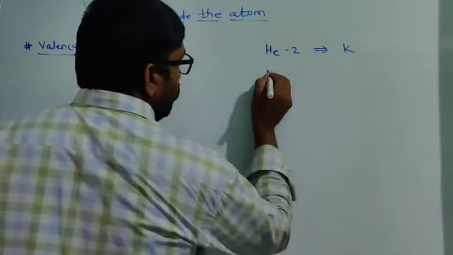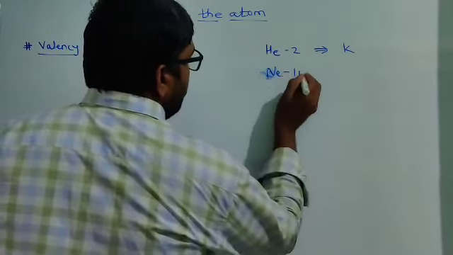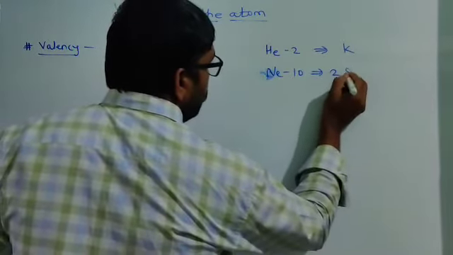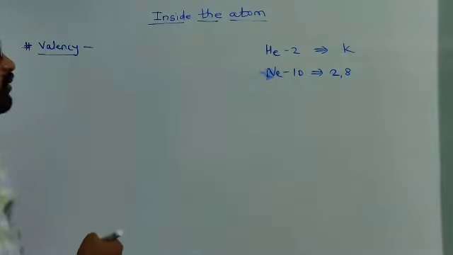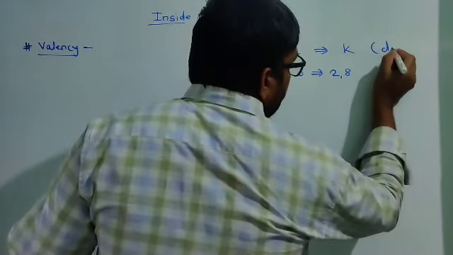Then neon. There are 10 electrons in neon and their electron distribution is 2 and 8. 2 electrons are in the K shell and 8 electrons are in the L shell. So here its doublet is complete.